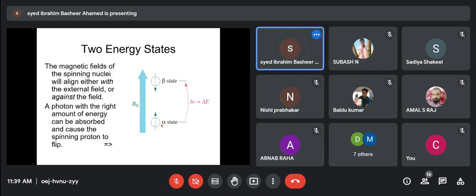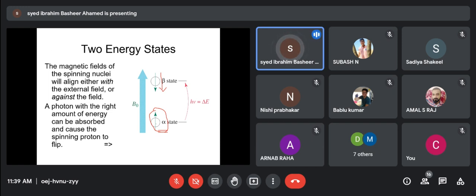So suppose you have a proton in the alpha state, that is, in a low energy state. If you want to flip this nucleus, what can you do? You can apply some energy and make it flip the direction of the spinning.